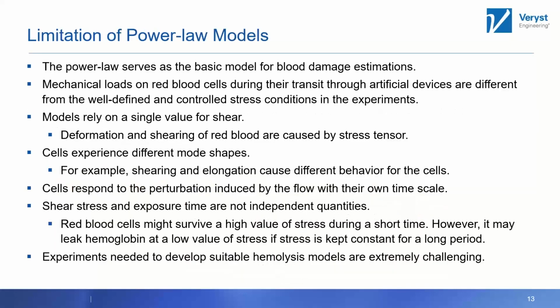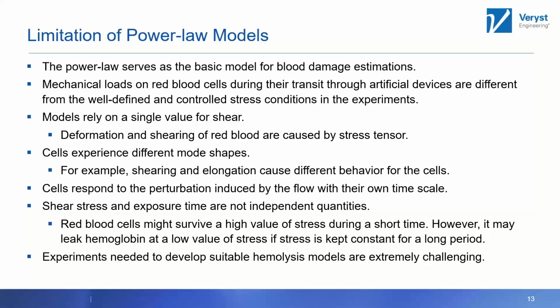Now, what are the limitations of this model? The power law model that I showed is the basic model for blood damage estimation, but it has many limitations. One is that the mechanical load applied on cells when blood goes through an artificial device is significantly different from the mechanical load applied on cells during a well-defined and controlled stress condition in a viscometer.